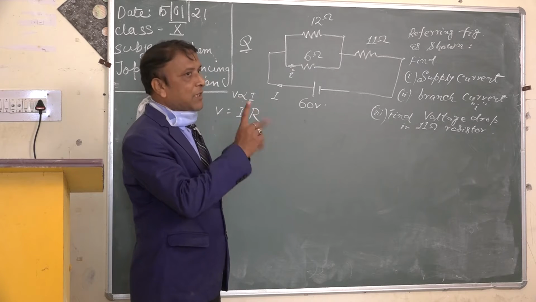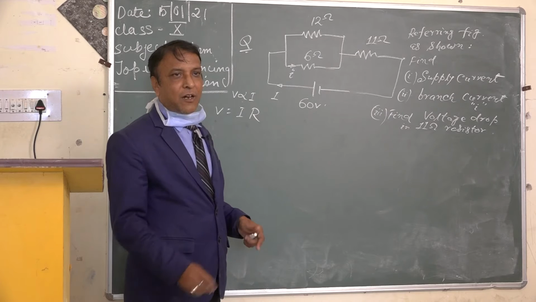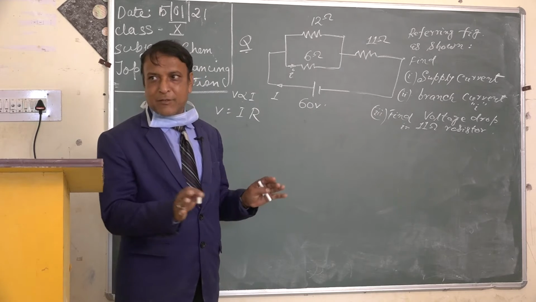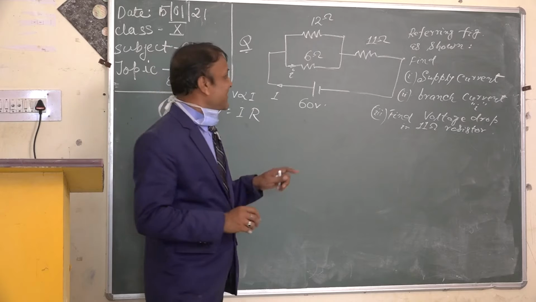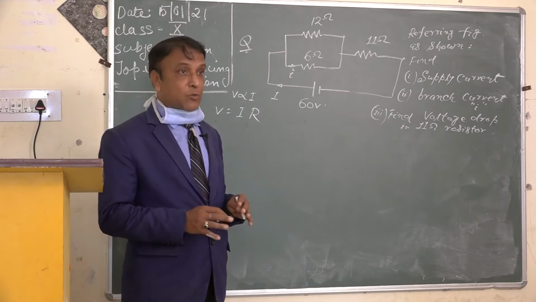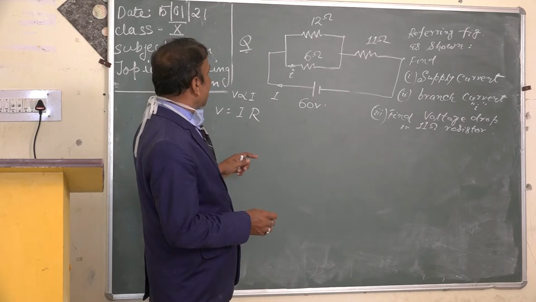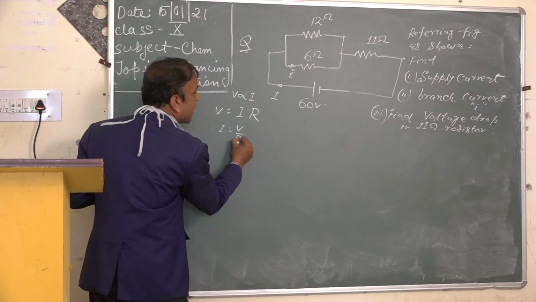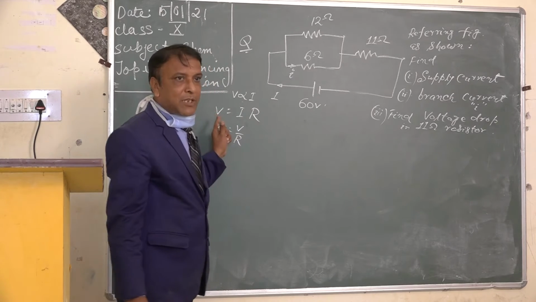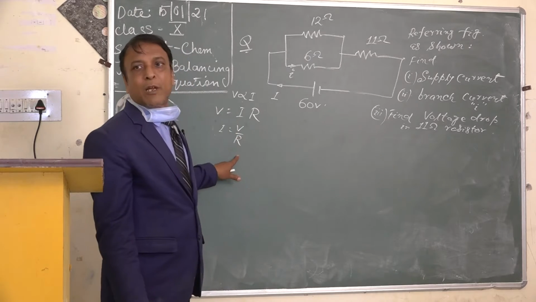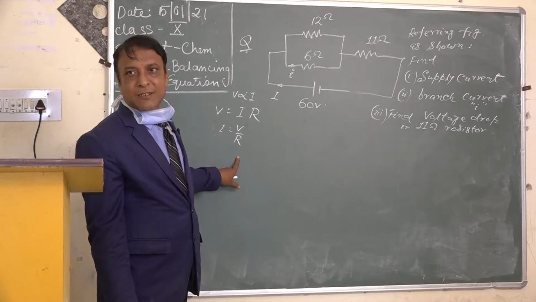So, first you find the total resistance here. After finding the total resistance, I can find I is equal to V by R. From V is equal to IR, I is equal to V by R. So, first we have to calculate the value of the total resistance.